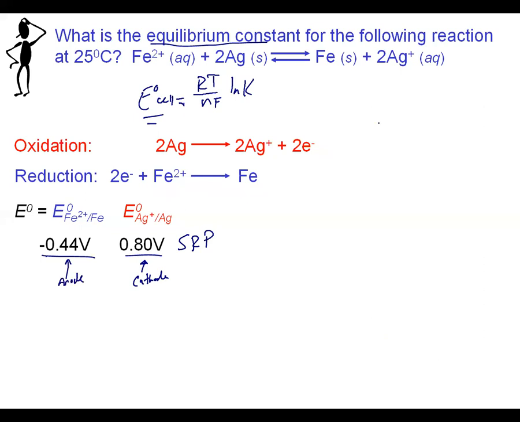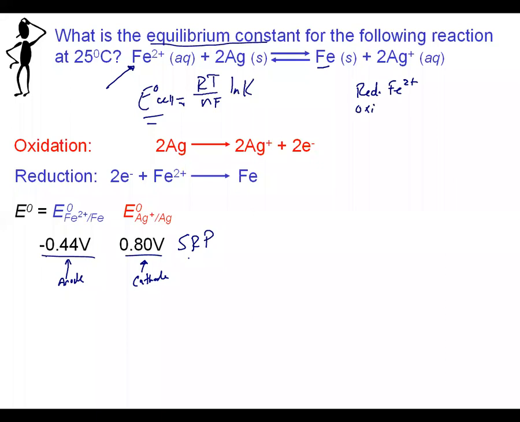But if we look at the equation and the reaction, we see that iron goes from +2 to 0. So the iron is being reduced, while the silver is actually going from 0 to +1, and it's being oxidized.